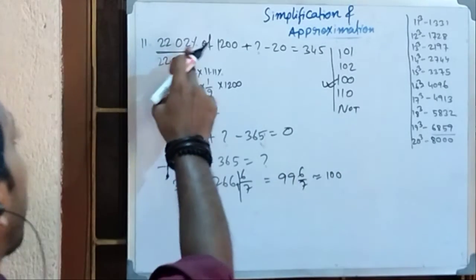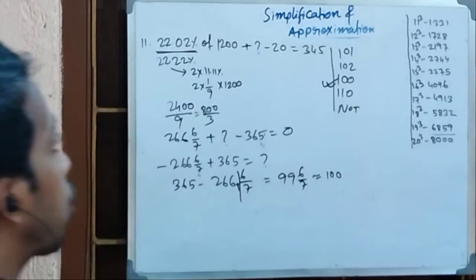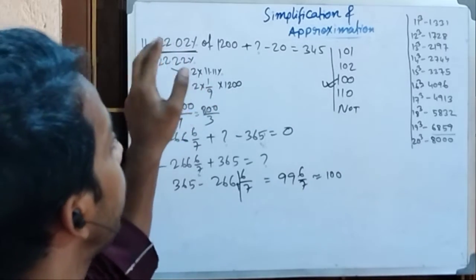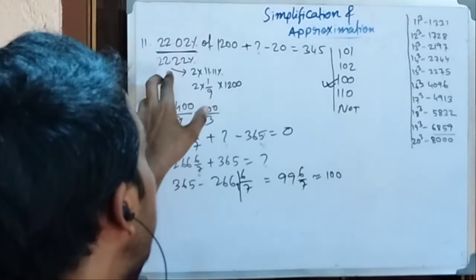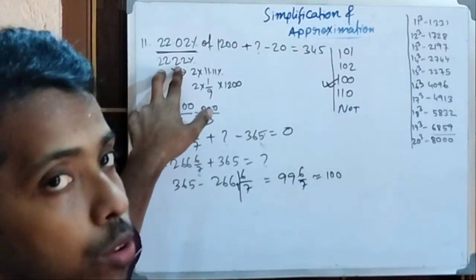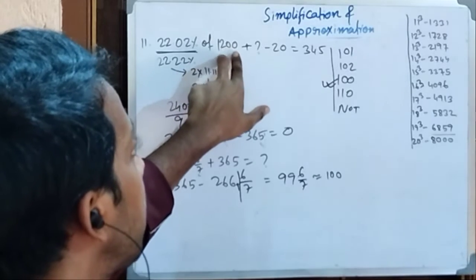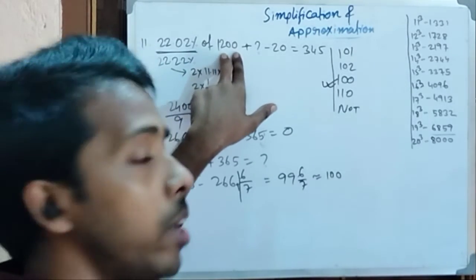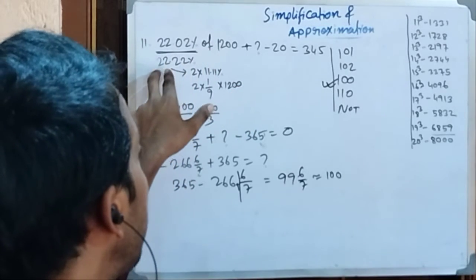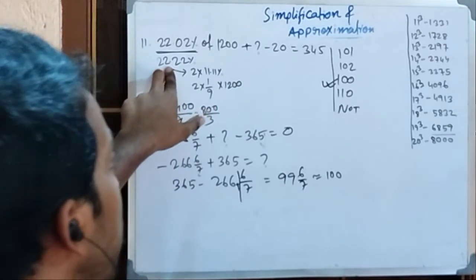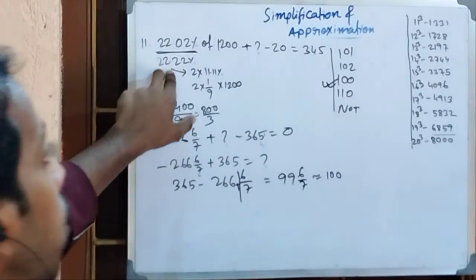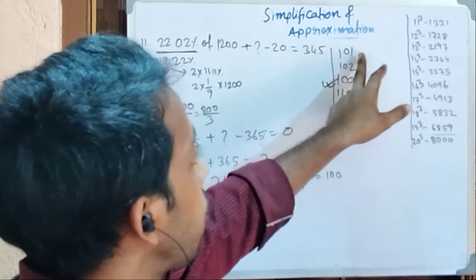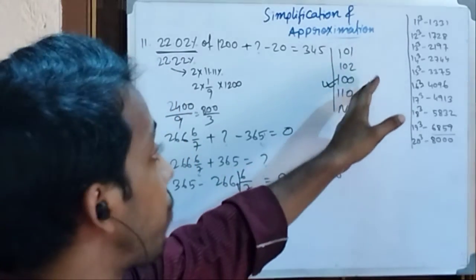So whenever this kind of fraction is given, don't get confused that it does not have any perfect multiplication of any base fraction. You have to check the closest fractional value. See here, 1200 is not a very small number. If you take 22% or 23% here, for 1% the difference is 12, and in the options you can see that 101, 102, 100, very close options are given.